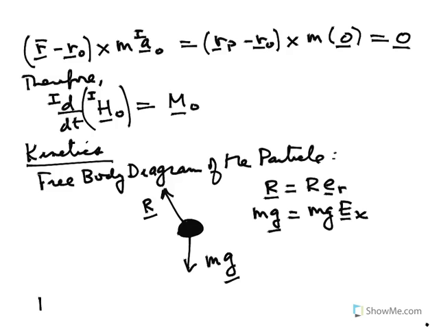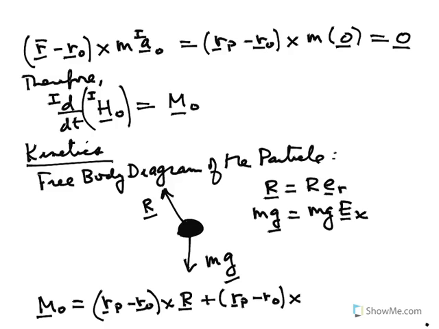P relative to O. So the moment relative to point O is equal to, where do these forces act? These forces both act at point P. So it's RP minus RO crossed with R plus RP minus RO crossed with mg.